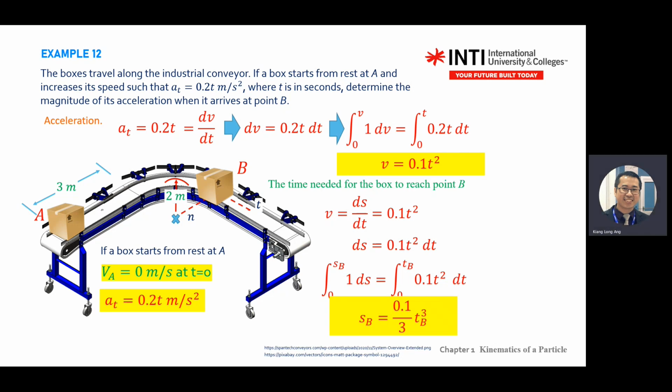I used 0.2 t. Okay, so the answer for the s equation when it reaches B will be 0.1 divided by 3 t cubed, t_B.